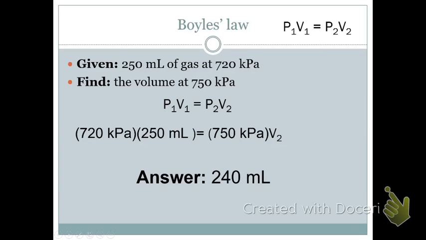You should get 240. And since I've asked you for my volume in milliliters, you are going to give me a volume in milliliters. So pause the video if you need to. Go back over that problem. Make sure you understand what we're doing. And press play when you're ready to continue.